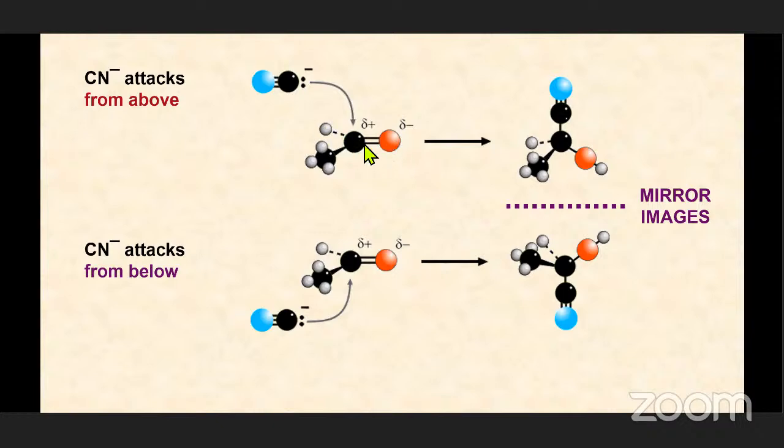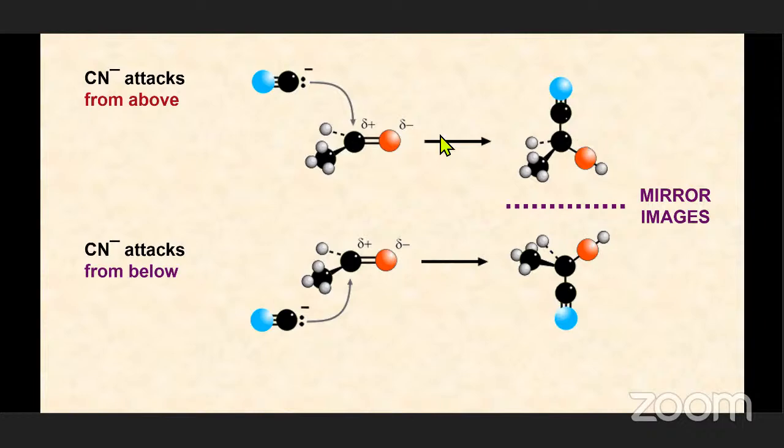So when carbon is double bonded, it's sp2 hybridized. That means it's fan shaped. It's flat, it's planar, trigonal planar. So CN- could choose to attack from the top, and if the CN- comes in and bonds from the top, then this particular optical isomer would be formed. And if the CN- chooses to attack from the bottom, then this particular optical isomer would be formed.